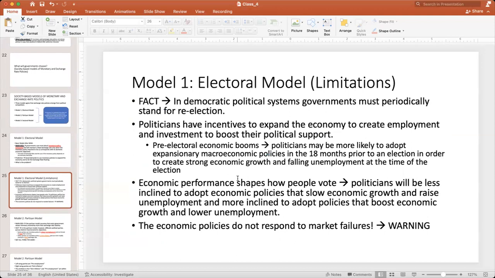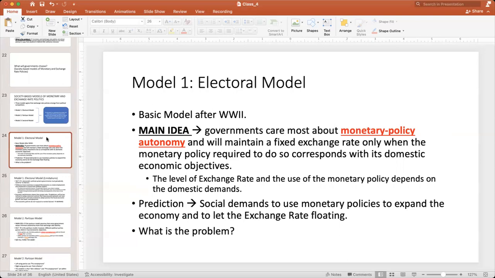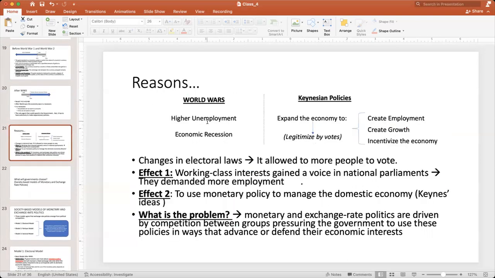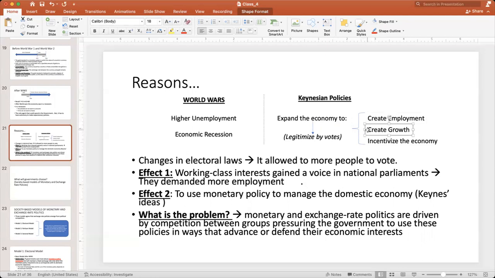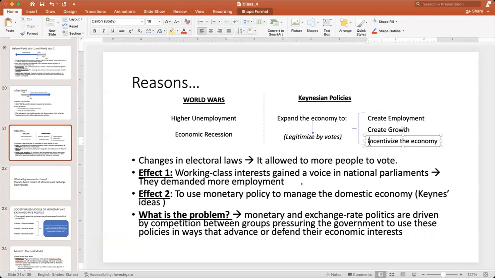Because remember, in the between wars, there were high levels of unemployment and economic recession. So people gather around and vote to change that, to request the government to create employment, to create growth, and to incentivize the economy. So in order to do that, the government has to move from the fixed exchange rate to floating exchange rate.